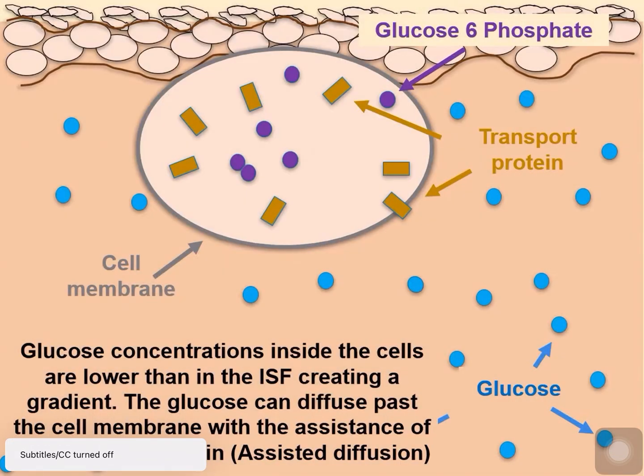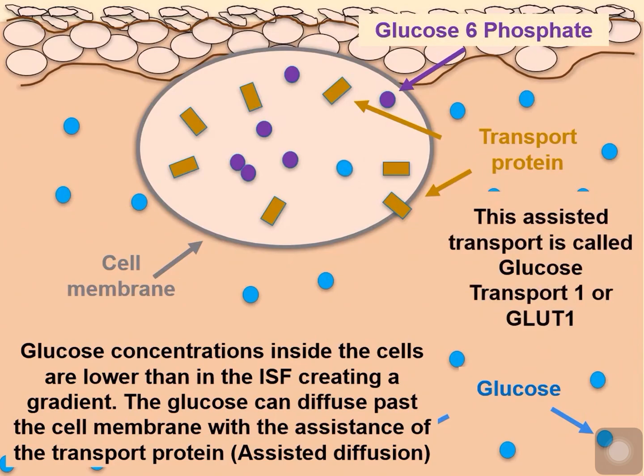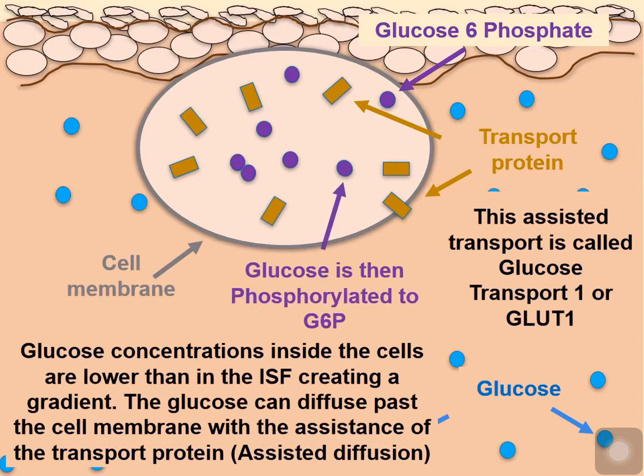It has to go through the transport proteins. So once it goes through the transport protein, it can go into the cell. That process is called the GLUT1 process. And once inside the cell, it again will be converted to glucose 6-phosphate very quickly. So the concentration of glucose in the cells is always low because it's converted to glucose 6-phosphate.